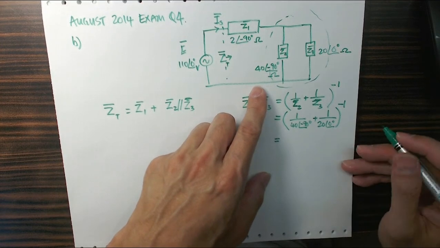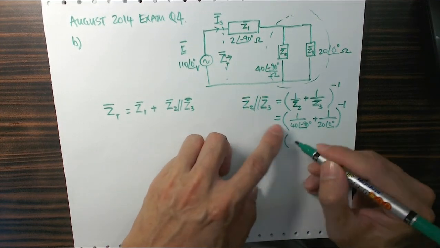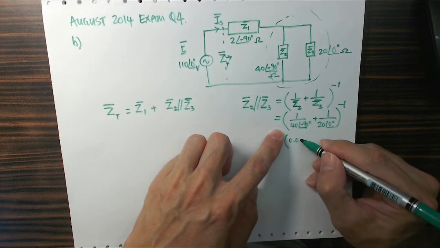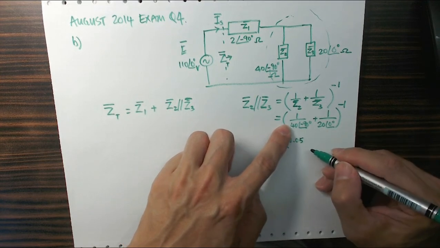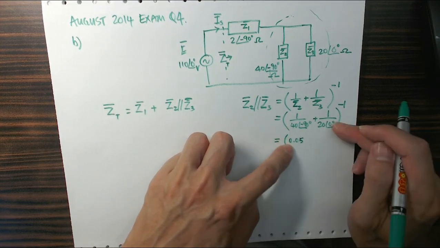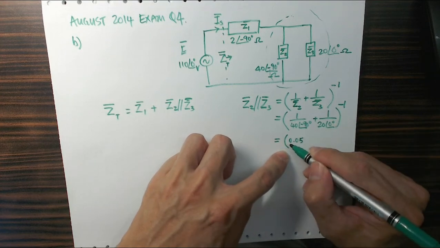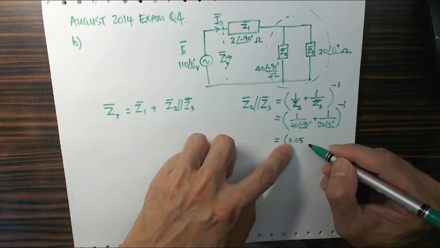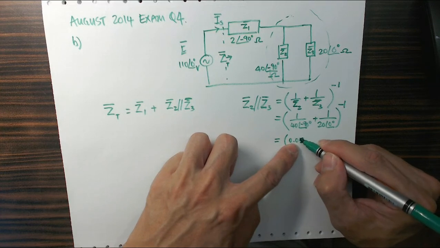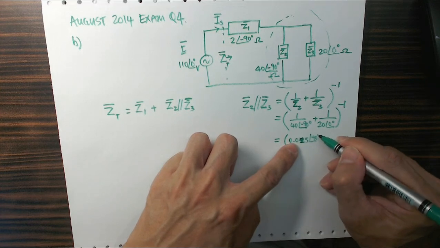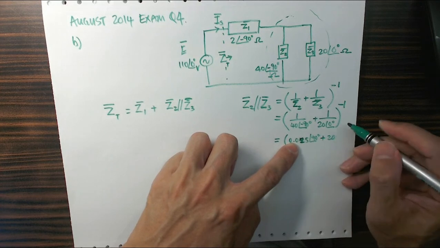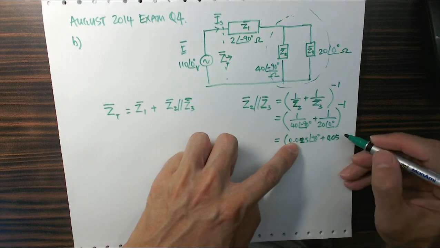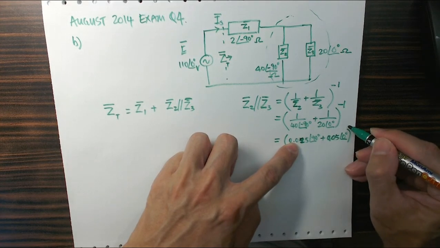This gives us 0.025 at an angle of 90 degrees, plus 0.05 at an angle of 0 degrees, taking the inverse.